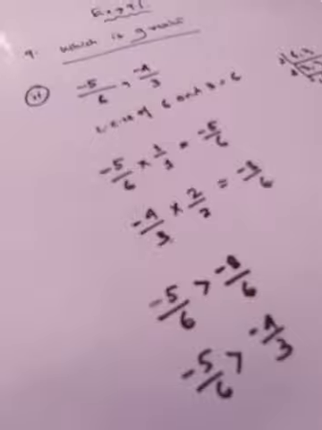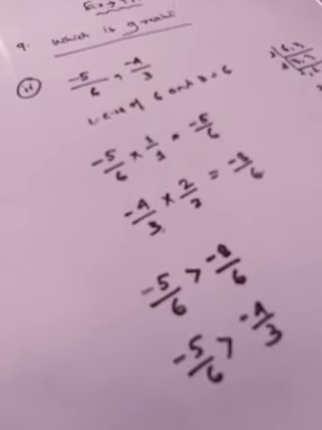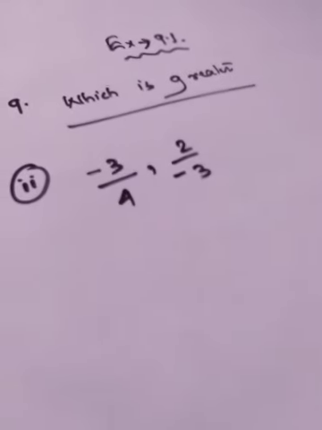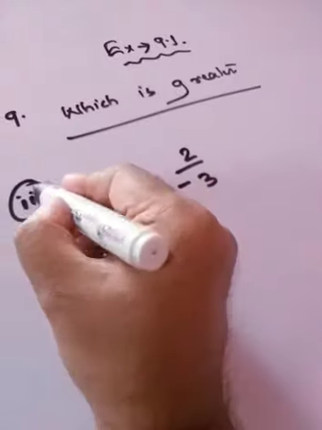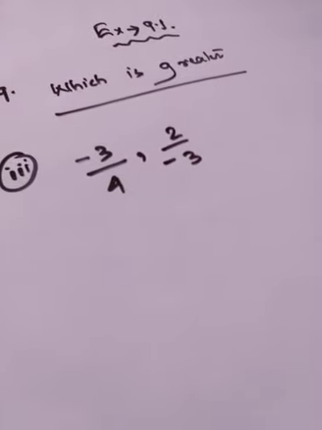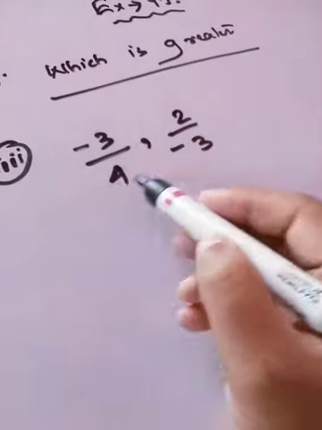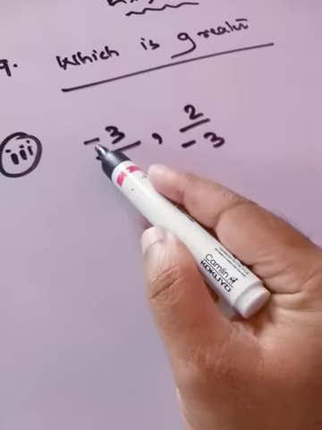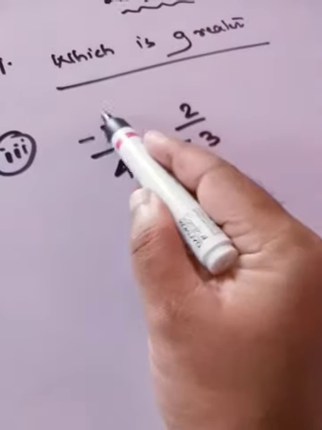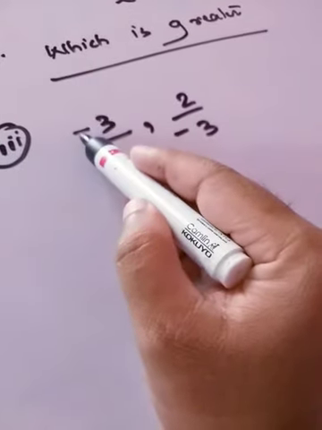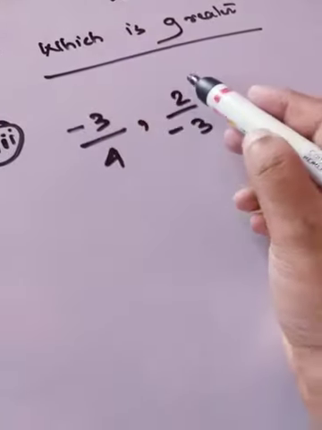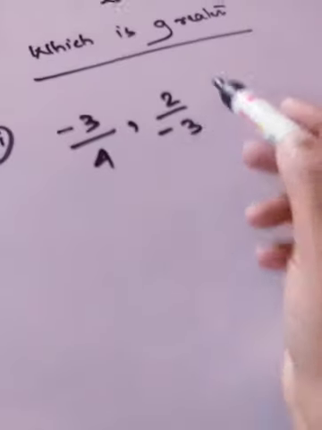Now let's move on to sum number 3. The first rational number is given as minus 3 by 4, in which the numerator carries a minus sign. But the second one is not actually a rational number.